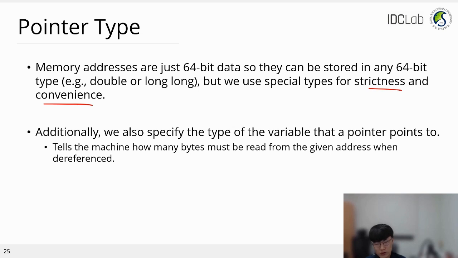So star before a variable name means that a is a pointer variable, but additionally we need to specify the type of the variable that a points to, like integer. So this part tells the machine how many bytes must be read from the given address when dereferenced. And this is very important information that must be given to the compiler to compile your code successfully.